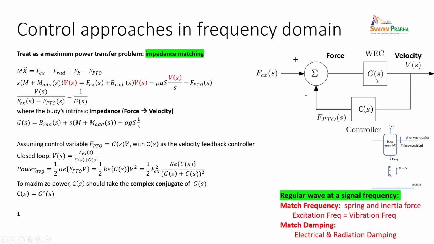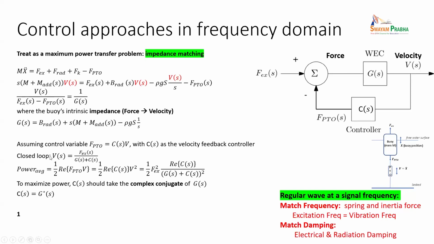So that is the open loop G(s), force times velocity. You measure the velocity, you generate force, and this force minus the excitation force creates the closed loop. After you close the loop, the output relative to the excitation force is G(s) plus C(s).